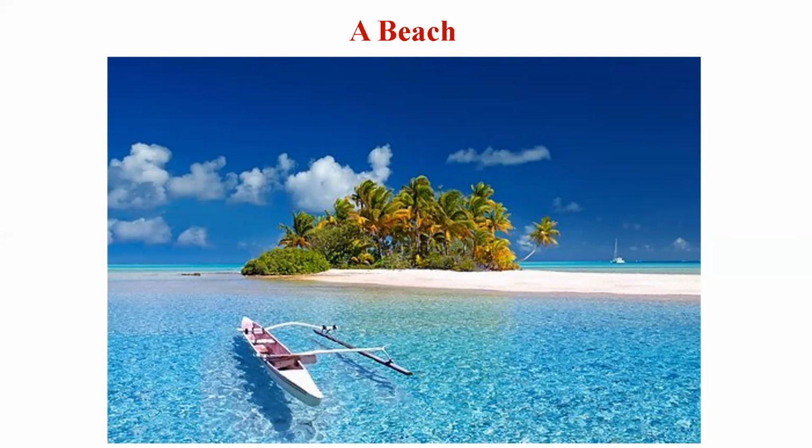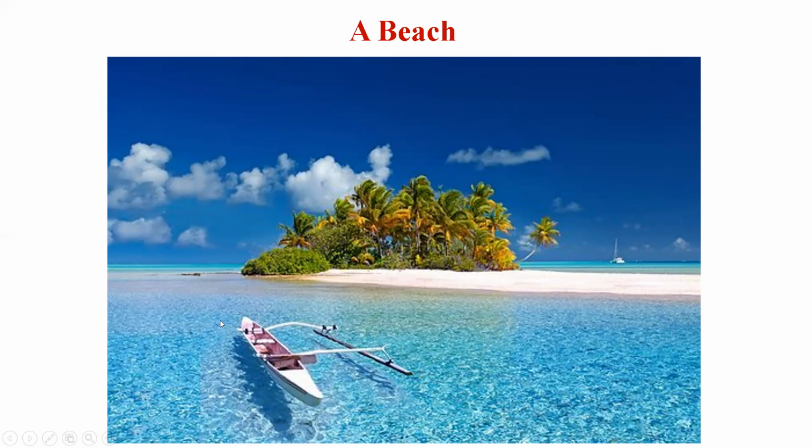So here a beach. What are the things we can say are living things and what are non-living things? First one, beach. Here in the beach, these trees are living things. The sun and the sky are non-living things.